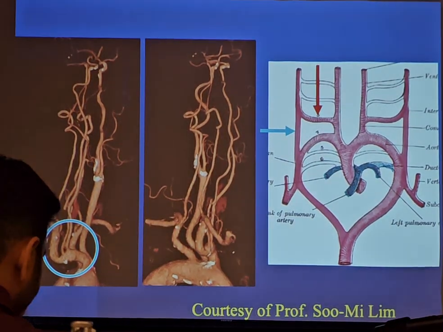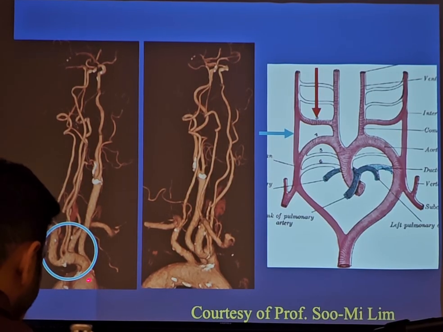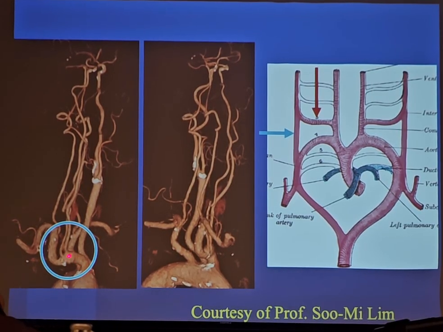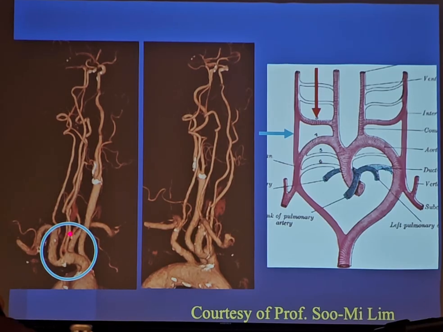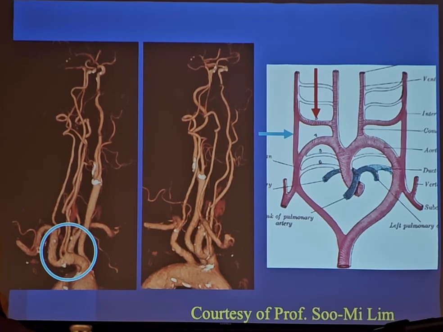Look at what we have in this variation. We have an innominate artery. We have separate origins of internal carotid artery and external carotid artery, separate from the subclavian artery or innominate artery.